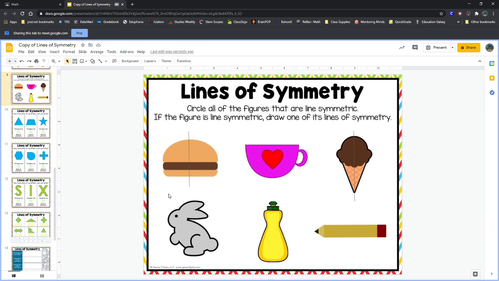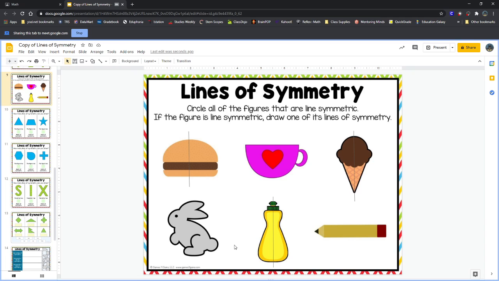So where would you say the two lines of symmetry are? Okay. Where would you say the one line of symmetry? Okay, the middle going up and down or side to side? Up and down. Very good. My bottle of soap here has one line of symmetry going vertically down the middle.